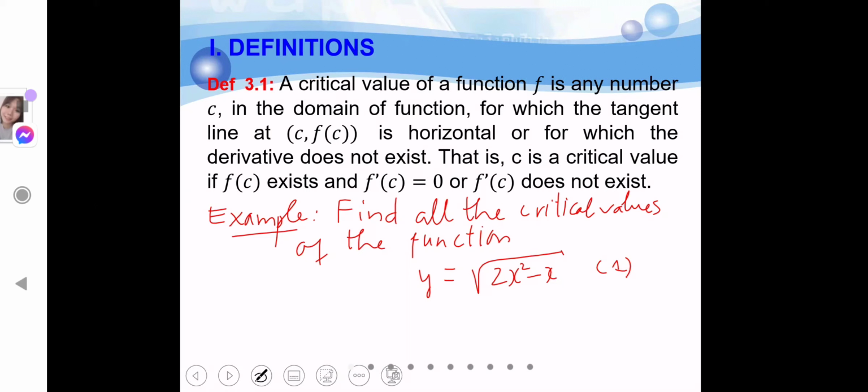Before you find the critical values, you need to find the domain. The first step is to find the domain of this function.